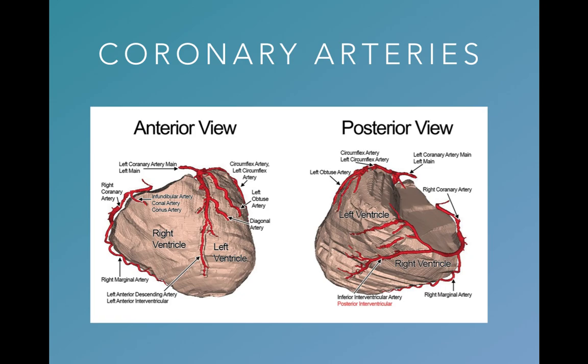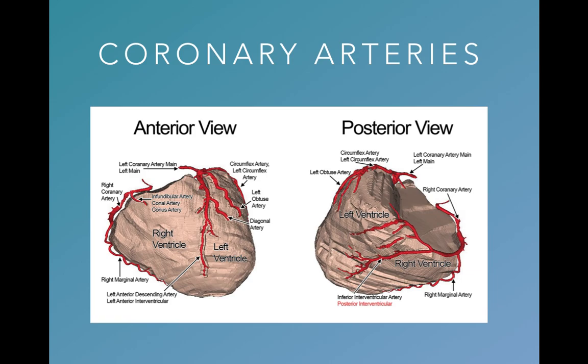And then you have the posterior interventricular artery, which most of the time comes off the right coronary artery, which is why you might hear a right dominant heart. That's explaining where the posterior descending artery, or the PDA, is coming from.